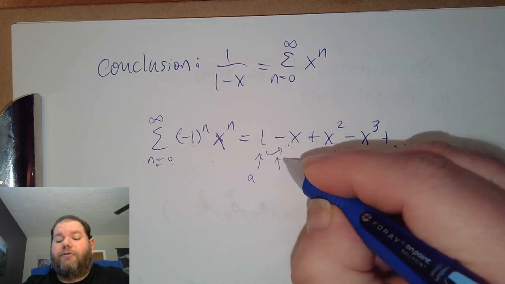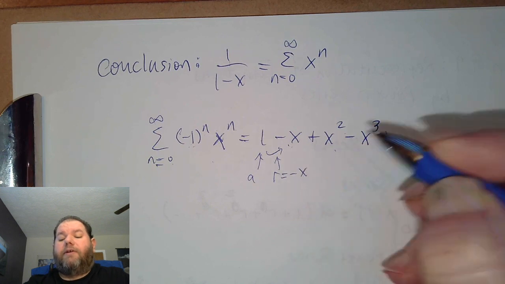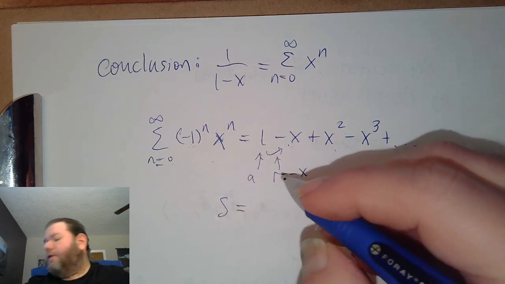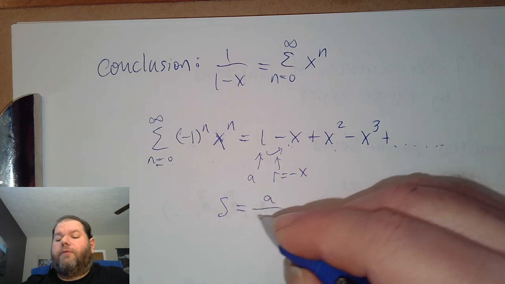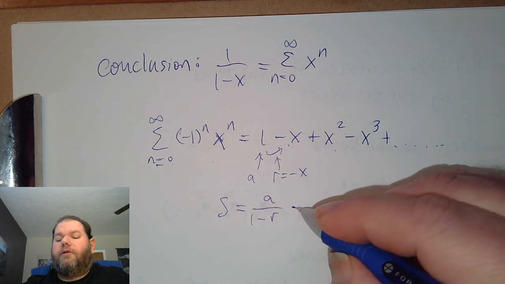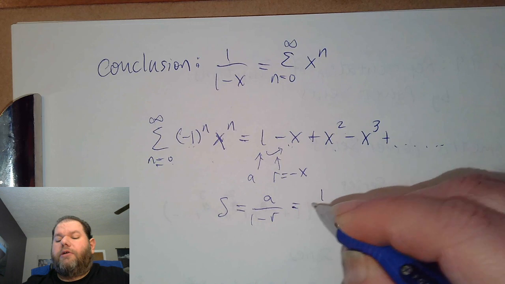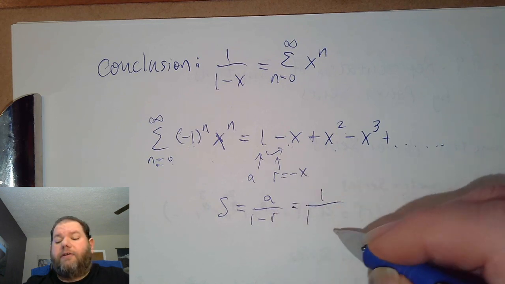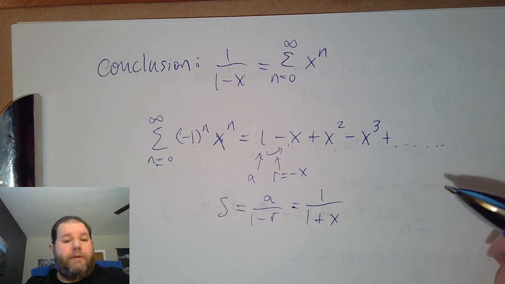The common ratio is negative x. So when we look at the sum being a over 1 minus r, that would be 1 over 1, and since r is already negative, minus r makes it positive, so 1 plus x.